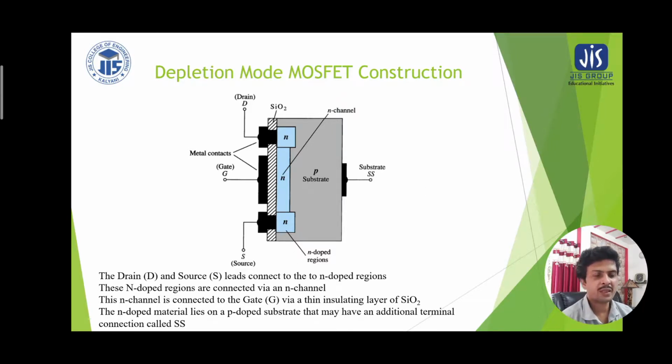In case of junction field effect transistor, that type of operation will be followed in depletion mode MOSFET. And here one thing is clear, that as the channel is previously created, if we apply gate voltage negative, what will happen?